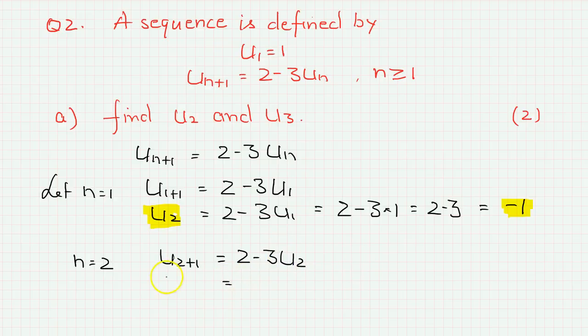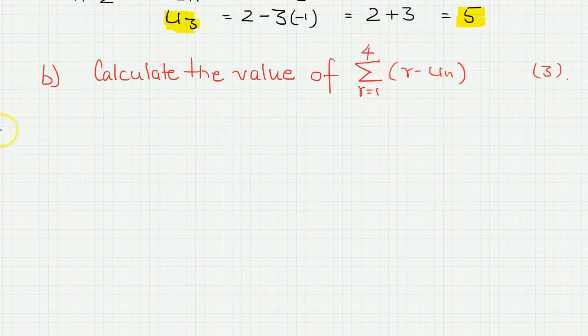So that will be u3 is equal to 2 minus 3 times u2, and u2 is minus 1. So it will be 2 plus 3. So that will be 5. So u3 is equal to 5.